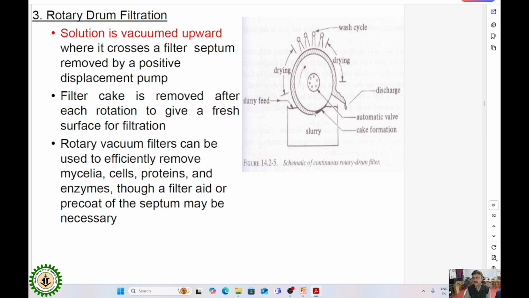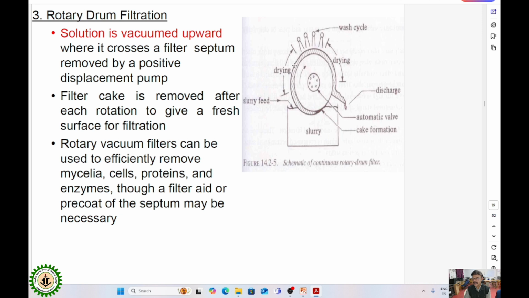The drum has a perforated wall, so the liquid enters inside the drum, and the solid particles deposit on the surface of the filtering media covering the drum. Slowly, with low RPM, it rotates and comes out of the slurry, and a layer of solid cake is formed.